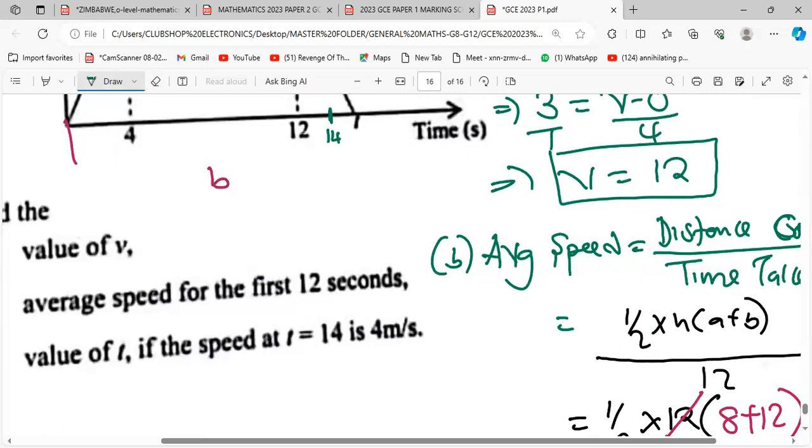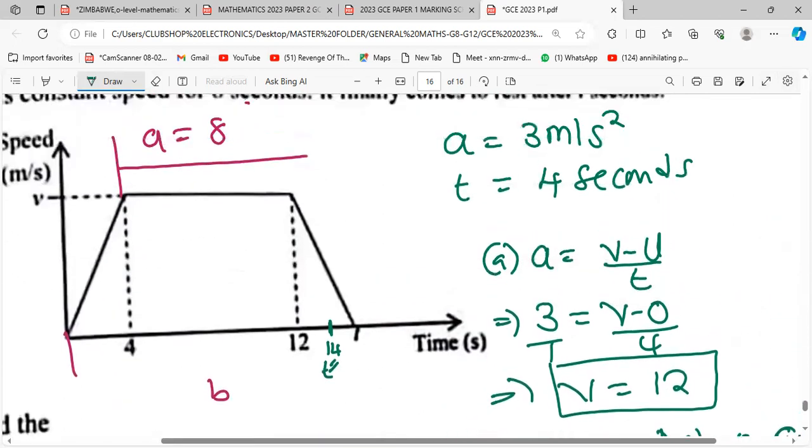This is our time at this point. Our time there is 14. But we are told that the speed is 4 meters per second. You can just extend it like this. So what they are telling you is that at this point, it is 4.